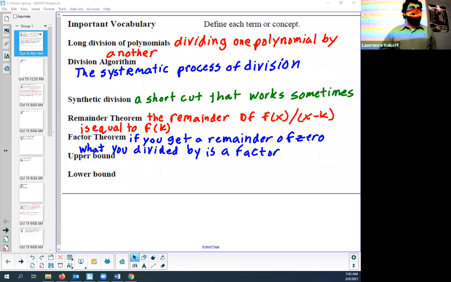Do I want to do 8 to the 6th power? With a calculator that might be okay, but it gets really big. Synthetic division, using the remainder theorem, can let us do it in a rather quick manner, hopefully without a calculator. The factor theorem says if we get a remainder of 0, what you divided by is a factor.